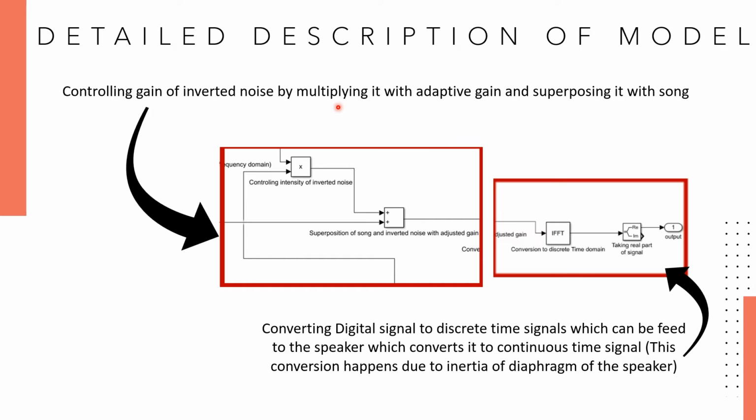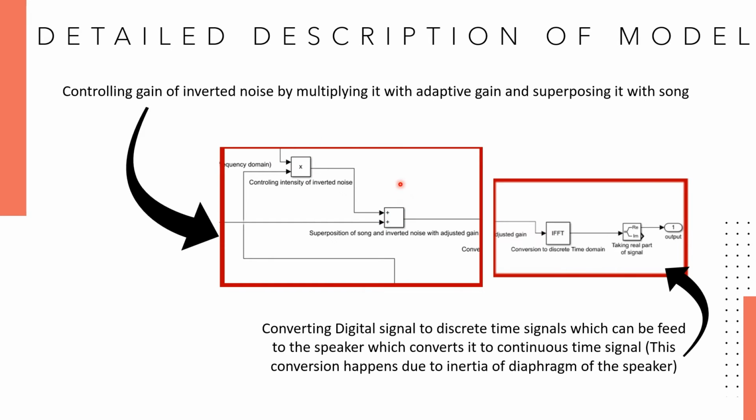Now next, let's move on to how we are superposing the signal. Here the gain which we get from the gain control block is fed into the product block where it is multiplied with the output of the inverted noise signal. So using this, we are controlling the amplitude of the inverted noise signal.